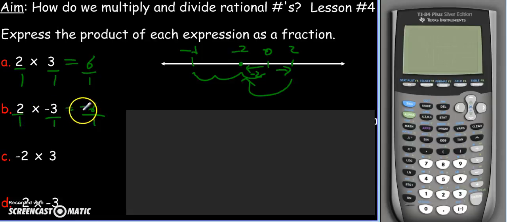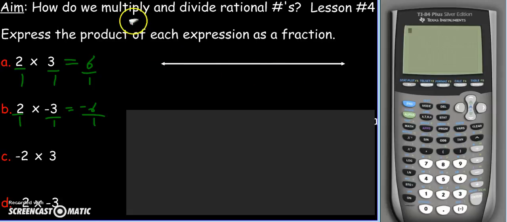And just like before, we see the same connection between the numerators as before. Alright, so let's take a look at the other direction. We're going to start at negative 2 and multiply that by 3.